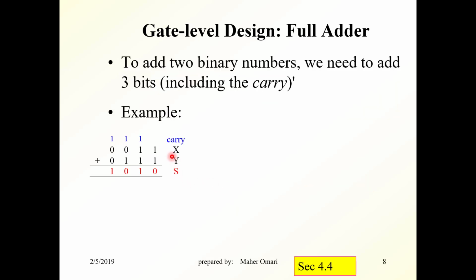Now, if we want to add these two 4-bit numbers, X and Y, we can add the first two digits. 1 plus 1 is equal to 0, and the carry is equal to 1. 1 plus 1 plus 1 is equal to 1, and the carry is 1. 1 plus 0 plus 1 is equal to 0, the carry is 1. 1 plus 0 plus 0 is equal to 1, and the final carry is 0.